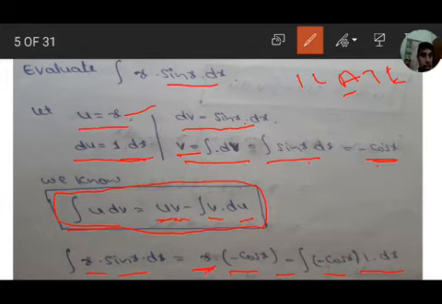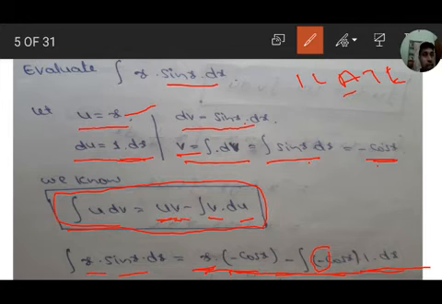That is x into minus cos x minus integration of minus cos x into 1 dx. Here the minus is outside, so minus becomes plus: cos x into 1, cos x. Here minus x into cos x.